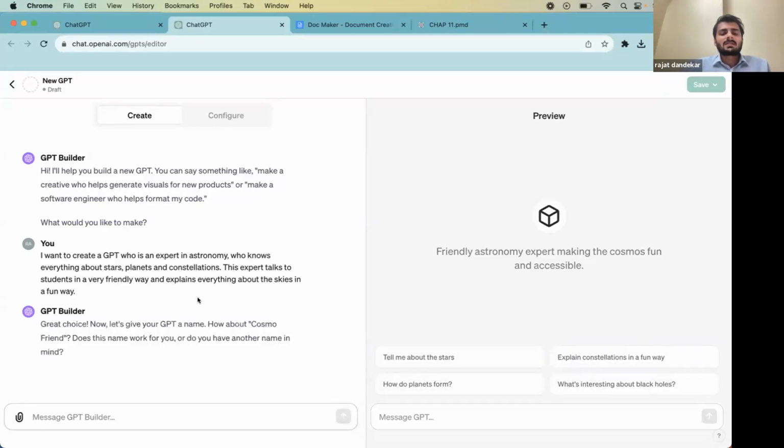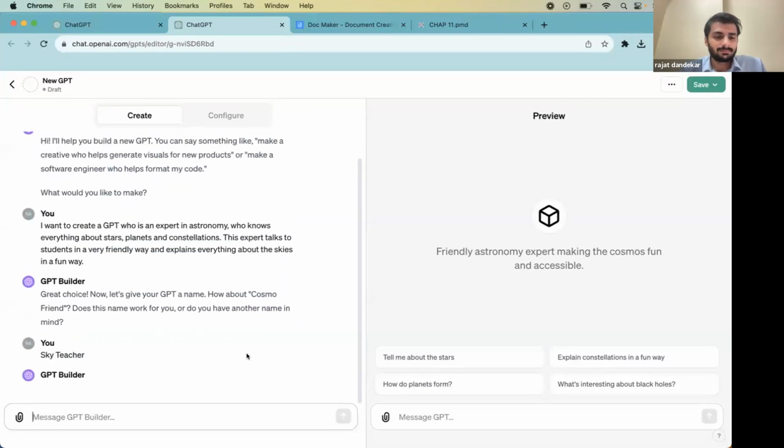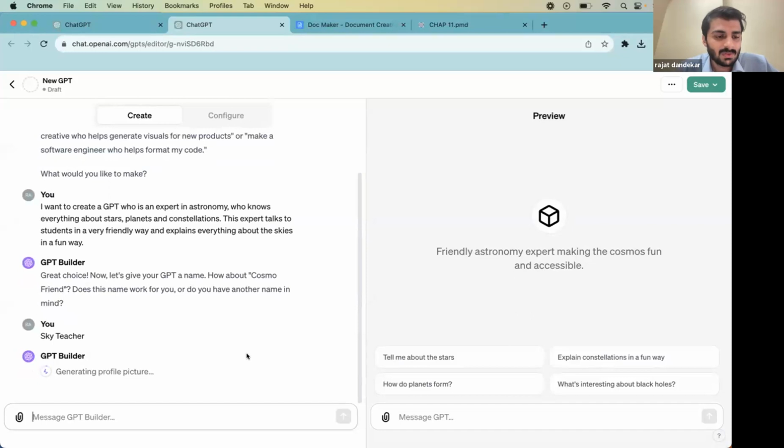Okay, so now it asks what is the name of the GPT. So let me give it some random name. Let's say Sky Teacher. So it actually generates a profile picture based on that.